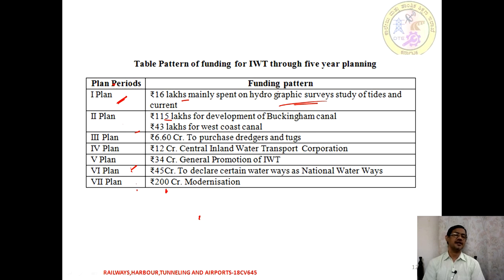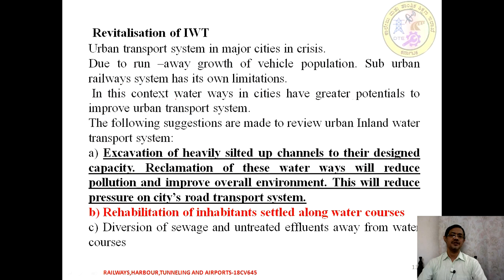In the 7th plan, 200 crores were planned for the modernization of IWT. This is how the growth of IWT has taken place drastically, with the modernization of the existing and the construction of new facilities.